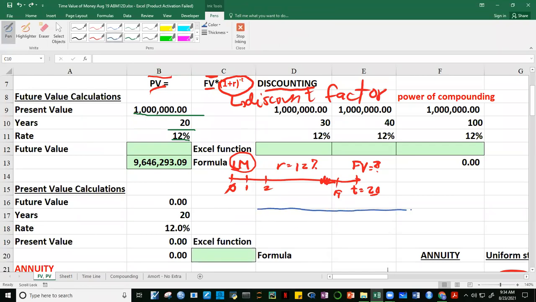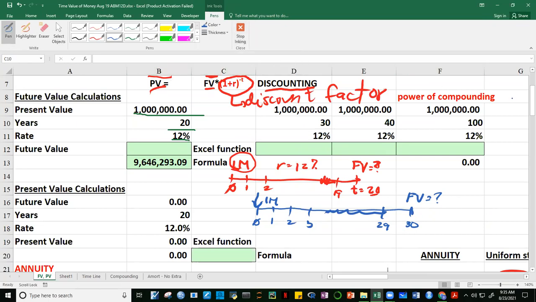So we have this timeline. So meron tayo at time 0 ngayon, 1, 2, 3, hanggang 29, 30. Hanggang 30th year. Okay, meron tayong single cash flow ngayon na 1 million dito. 1M. Ang tanong, magkano siya? Magkano yung future value niya at the end of 30 years? That's what this problem is telling us.